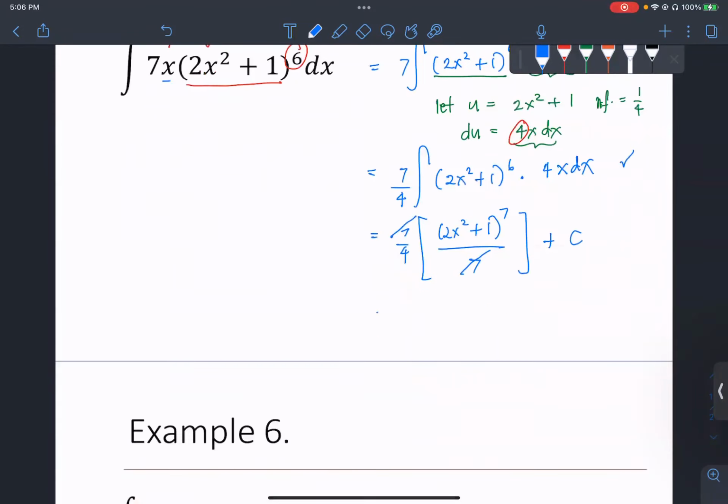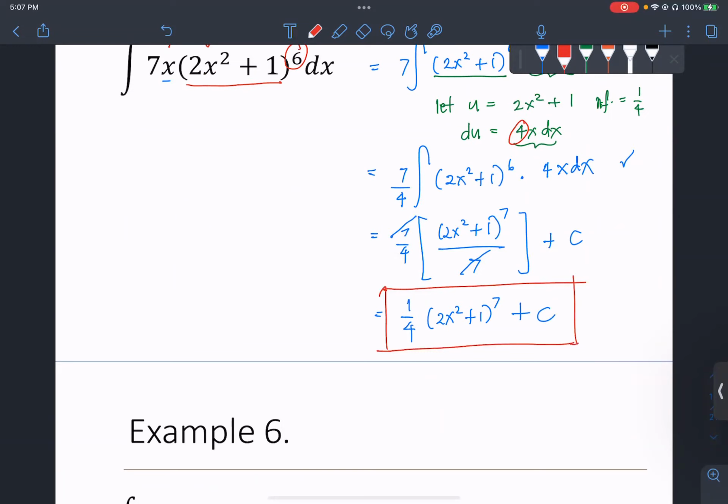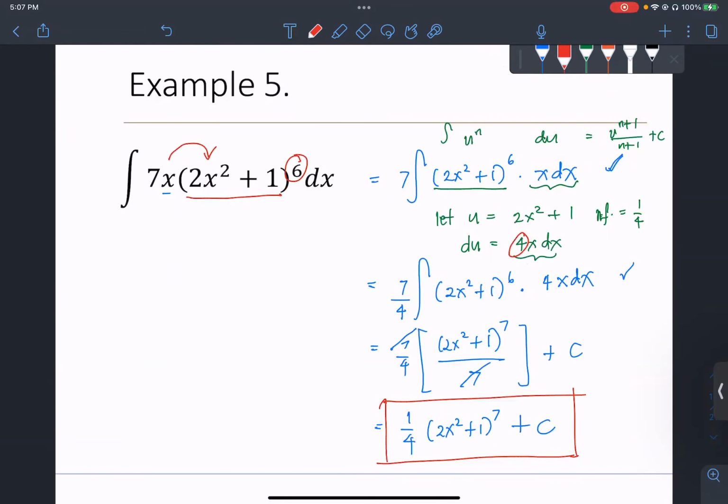So ang sagot natin yan will be 1/4 2x squared plus 1 raised to 7 plus c. So that is the substitution method or the chain rule for power formula.